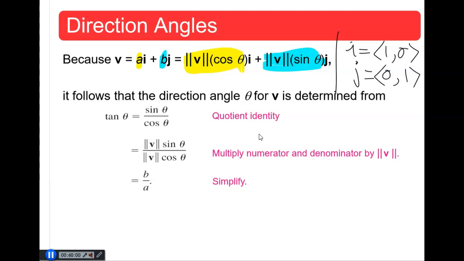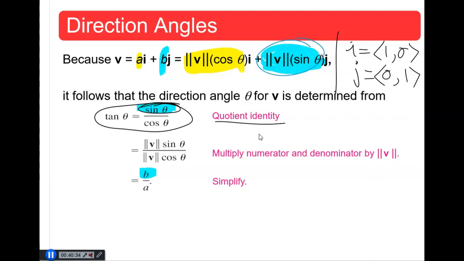So it follows that the direction angle theta for v is determined from the tangent of theta, which will come from the ratio of, by the quotient identity, tangent is equal to sine over cosine of the same angle. And we already know that sine theta is representing the vertical component, which in this case we're calling b. And so that's why we have b here. Or you could see it here. This whole expression is representing b.